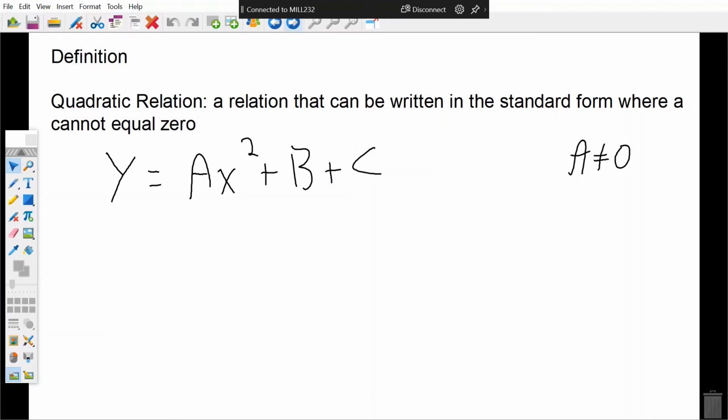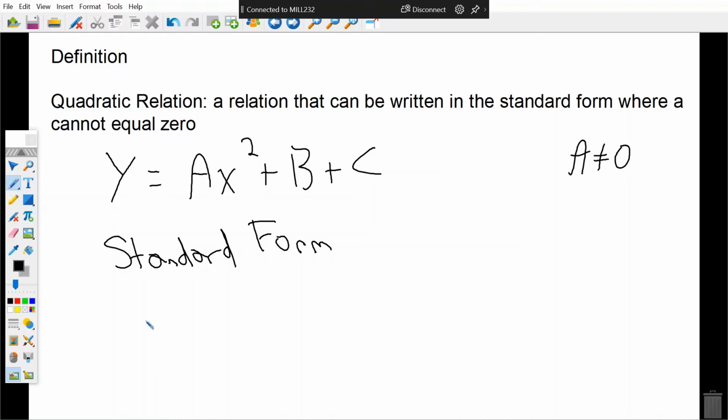There are several forms of quadratic functions that we are going to work with. The first one is called the standard form. Now, once again, there are a number of equations in this chapter. You will be provided with the equations for an exam, but it's important to know how they work.